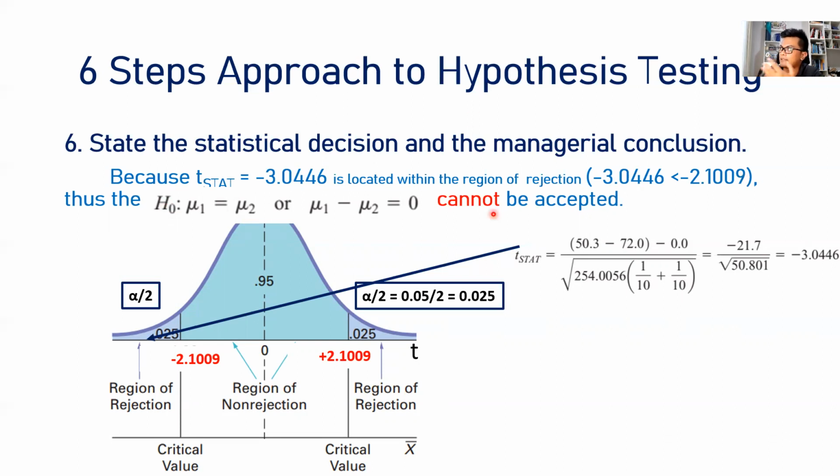That is the final statistical decision. So the output of the whole analysis of the problem set is, because the calculated t-test is located within the region of rejection, the null hypothesis cannot be accepted.